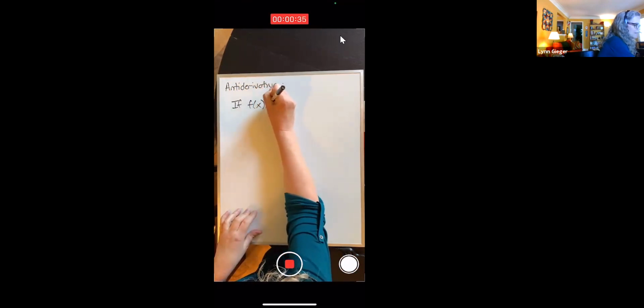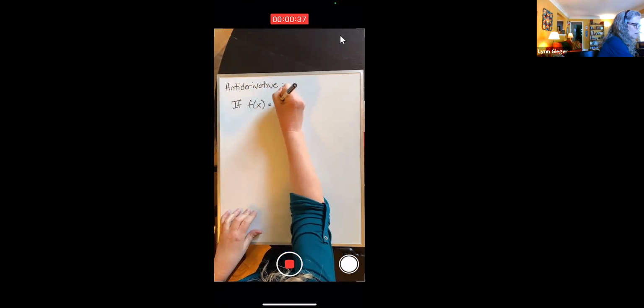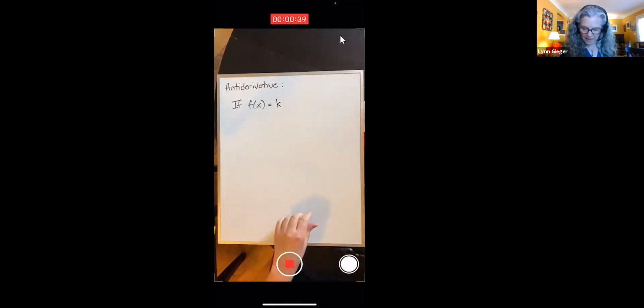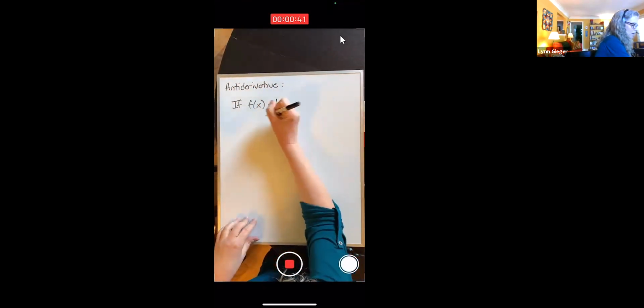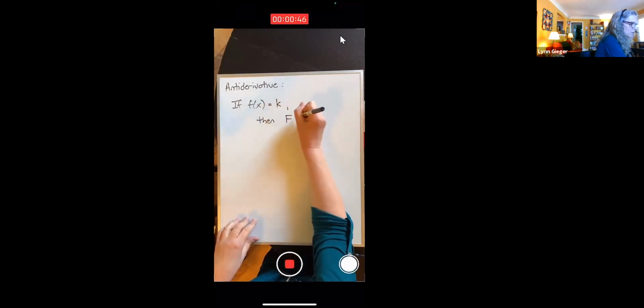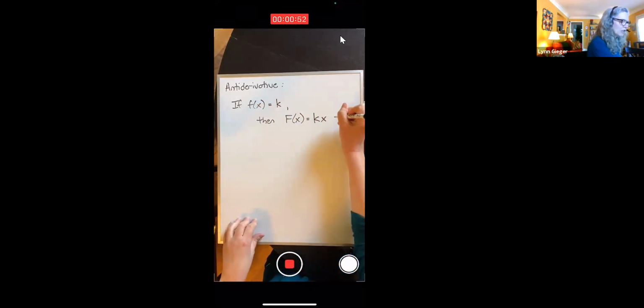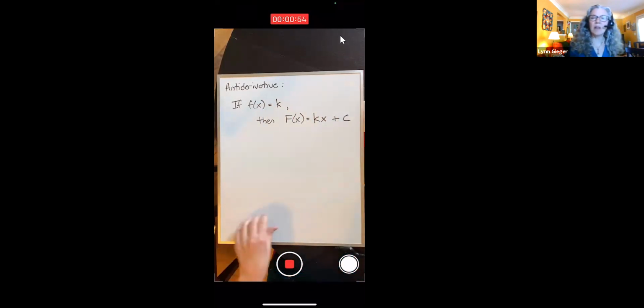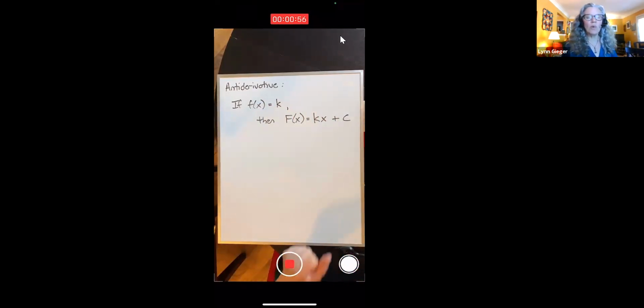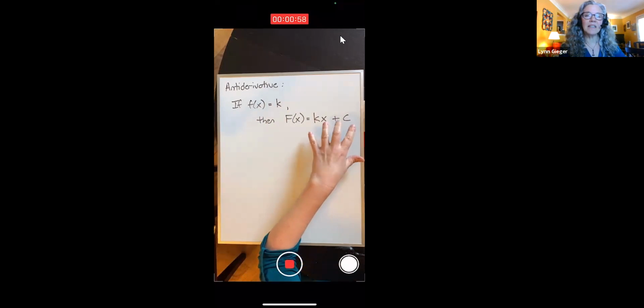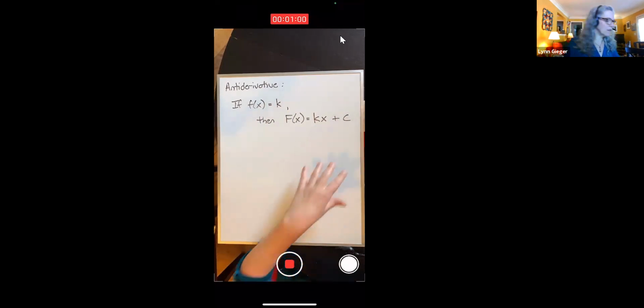If f of x is equal to some constant, we'll call that k, then the antiderivative, which would be uppercase F, would be that constant times the variable of integration plus some arbitrary constant. What we're getting out of this is an antiderivative family of functions.